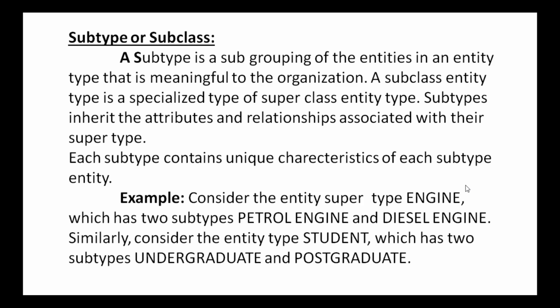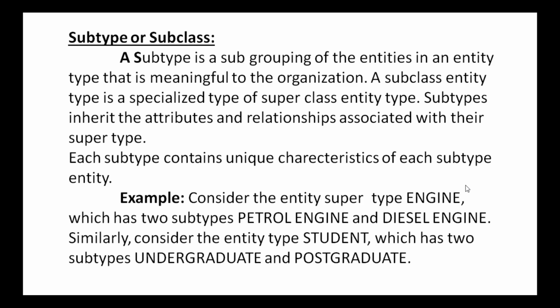But in the EER model, to add more semantics to the design, the whole entity is divided into two types: supertype and subtype. The supertype contains all the common characteristics of entity subtypes like petrol engine and diesel engine. All the common characteristics are maintained as an entity known as engine, the entity supertype, whereas the subtypes petrol engine and diesel engine contain the unique characteristics of each entity subtype.